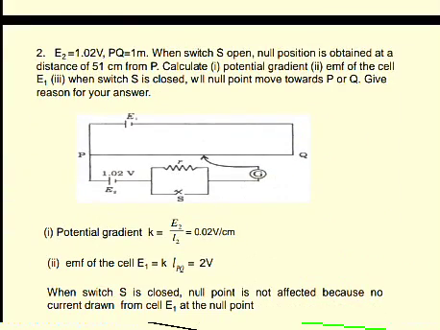Similarly, the other question, question number 2: E2 is equal to 1.02 volt and PQ is equal to 1 meter.